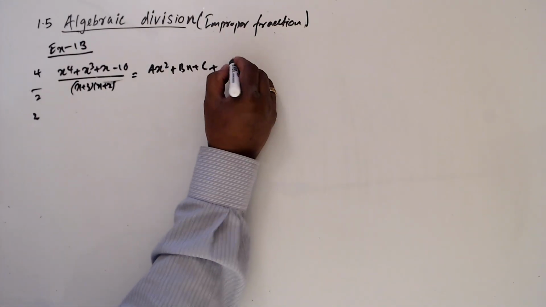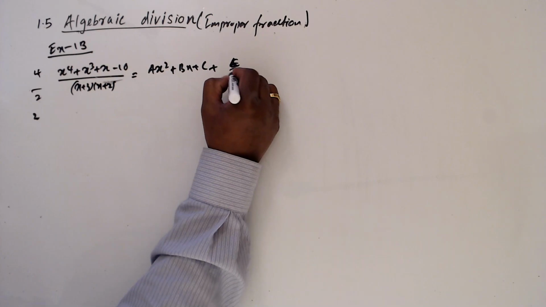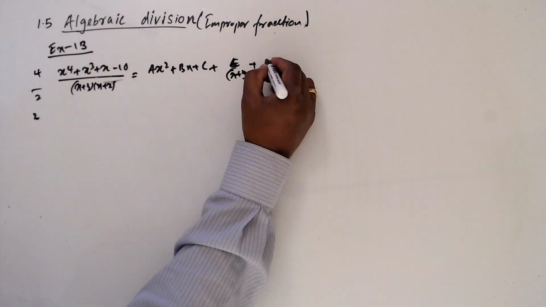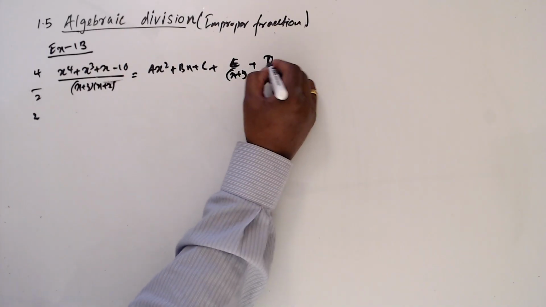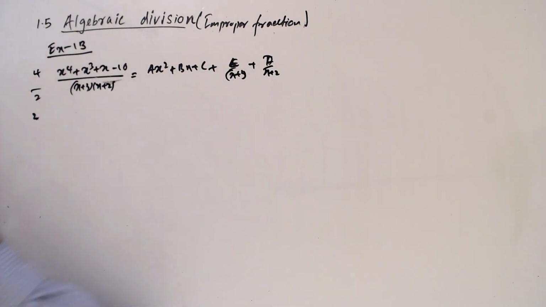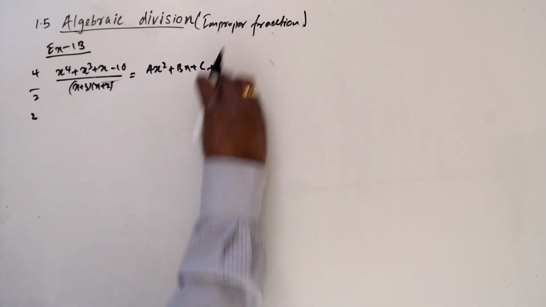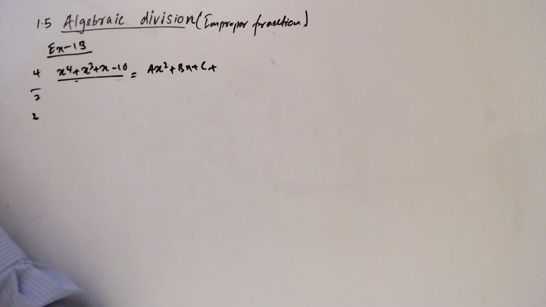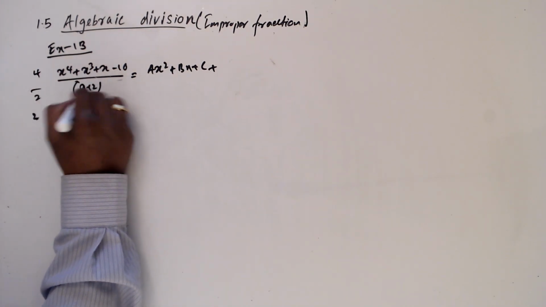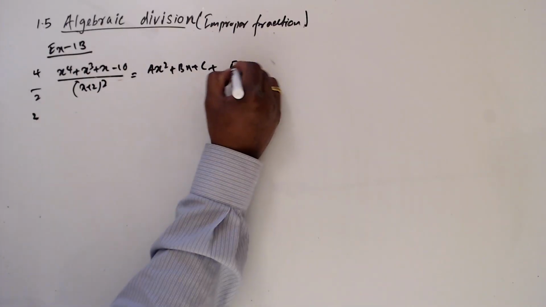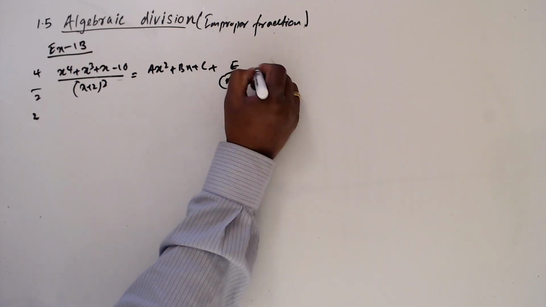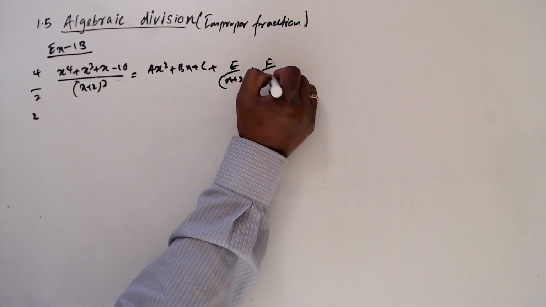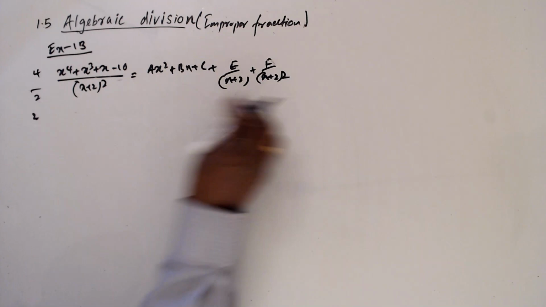Then this is going to be d over x plus 3 and e over x plus 2. Or if it is assumed that this is x plus 2 square, then we write e over x plus 2 and f over x plus 2 square.